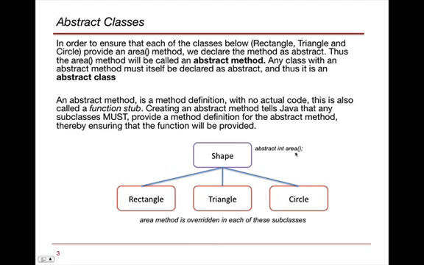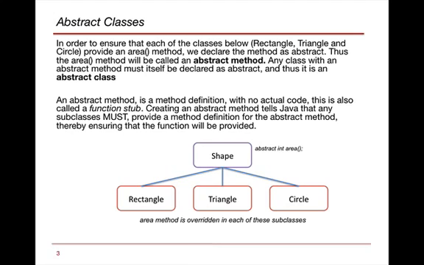So it will say that shape has this method called area, which we have not defined what it does. But any of the classes that inherit from shape must provide an area method. That provides for uniformity and consistency, because we would like all of our rectangle, triangle, and circle classes to have an area method.